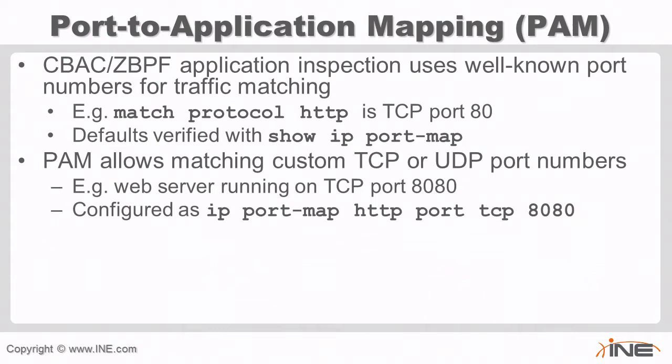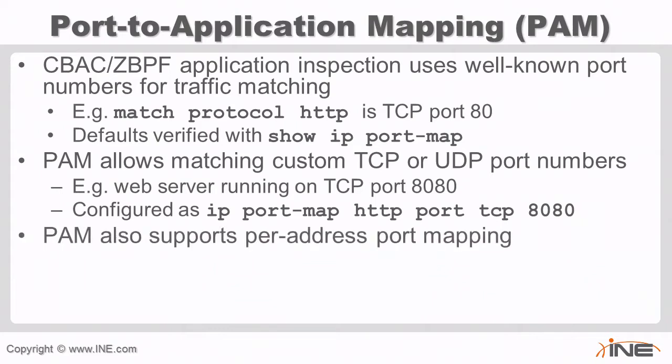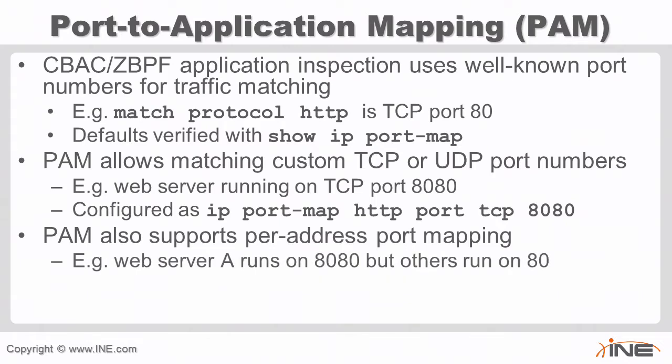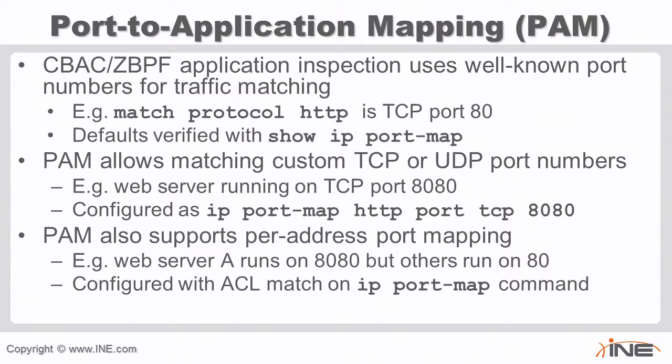It also supports this on a per host basis or a per address range basis. So we could say that we have a number of web servers inside the network, but only server A runs on the non-standard port of 8080, and the rest of them run on the normal port 80. We could do this by matching an access list along with the IP port map command.